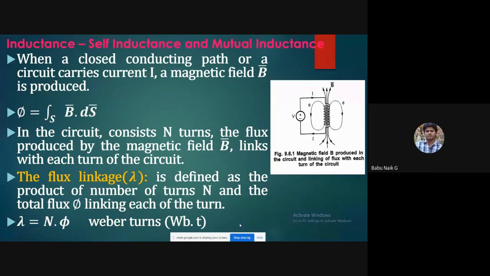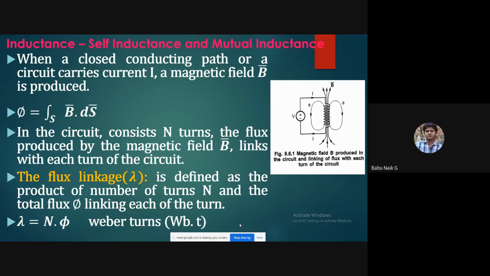Every conductor like this carries current I, and once the current flows through the conductor, it produces a magnetic field, which exists in the self inductance. This is the main idea of self inductance, considering one coil. Similarly you can see this principle in mutual inductance, that is in transformer action.